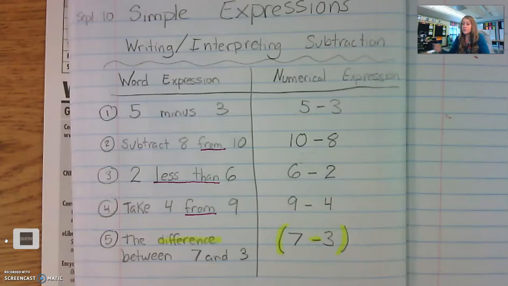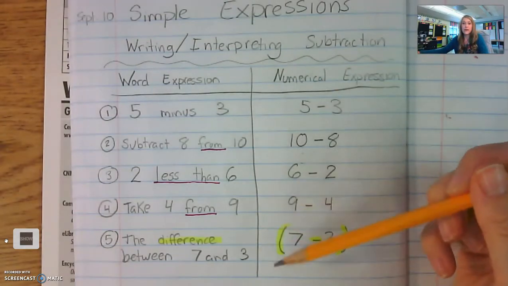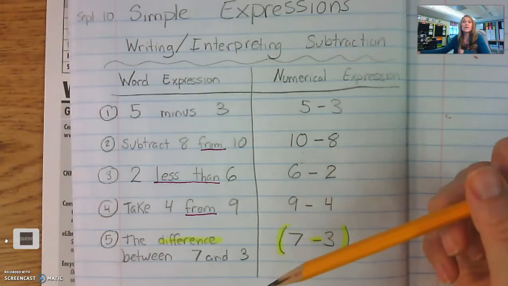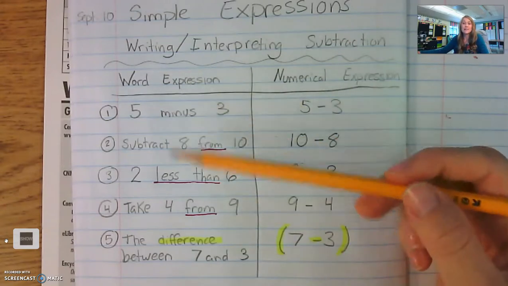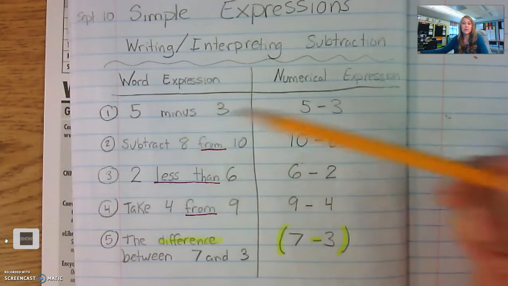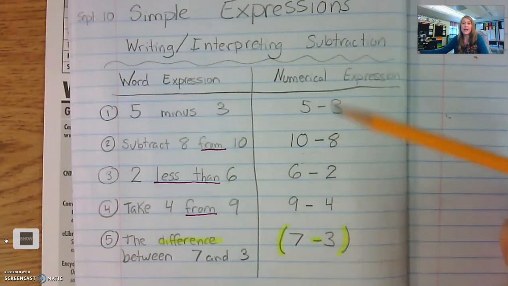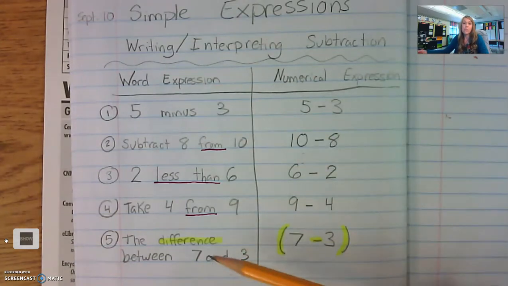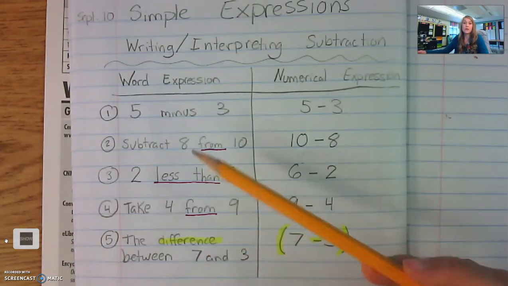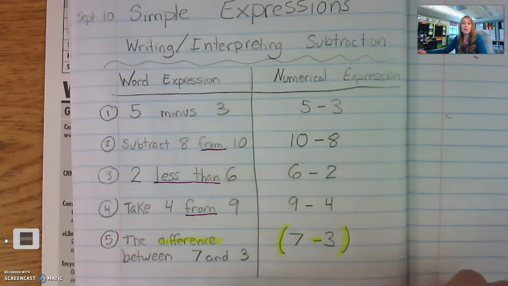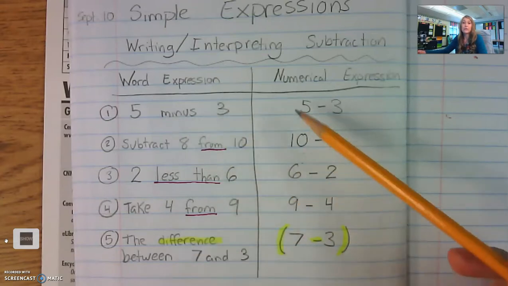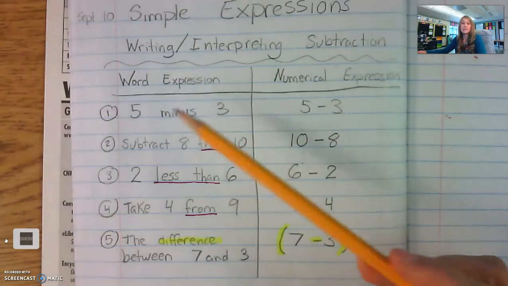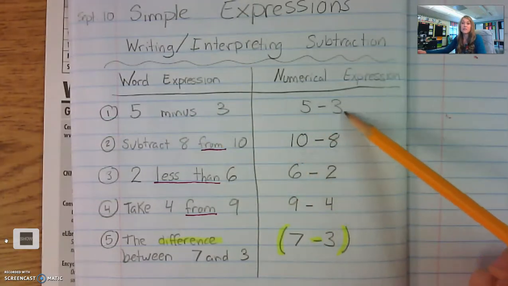All right, so these are all of the different ways that you might see subtraction written as a simple expression in words, and how we should write it as a numerical expression. Notice 5 minus 3 and the difference between 7 and 3. So when we see minus or we see difference, we're going to write it the same way we say it. 5 minus 3, 5 minus 3.